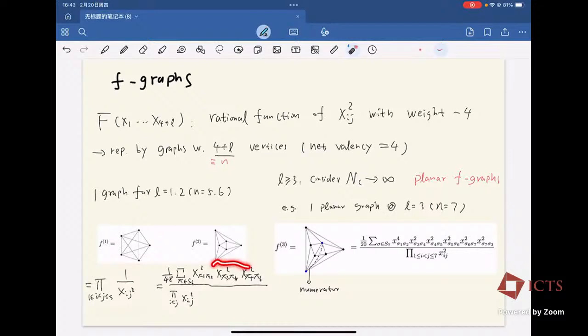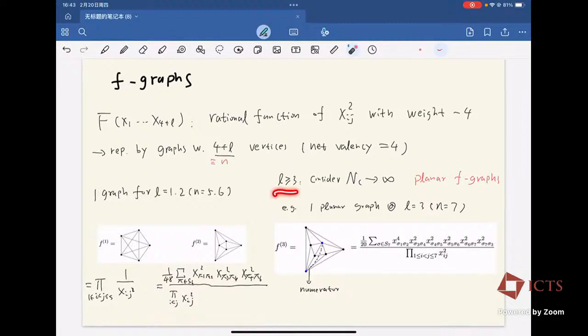And for this 6-point graph, if you write down the rational expression, it's really a sum over all permutations of the 6 points, where each term appears with coefficient 1. So there's this symmetry factor in front. Remember, at 4, 5, and 6 points, which are 1 and 2 loops, there's a single graph. That gives you the loop integrand, because that's the only rational function that can have the correct conformal weight and is also permutation invariant.